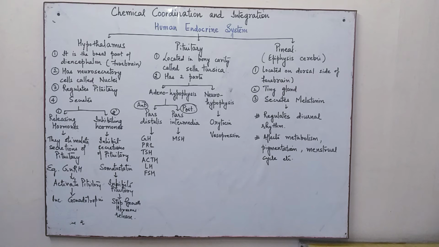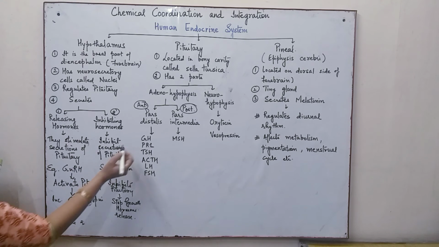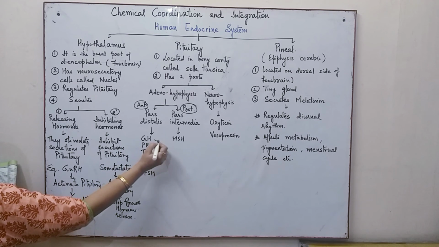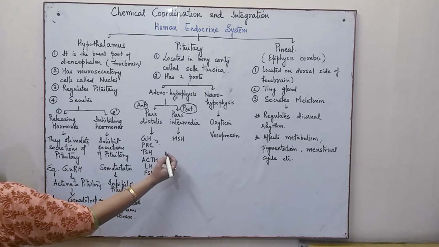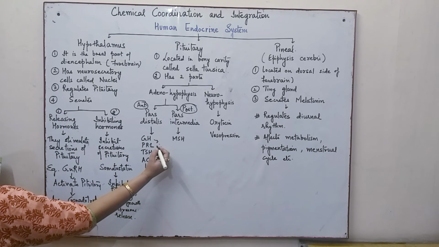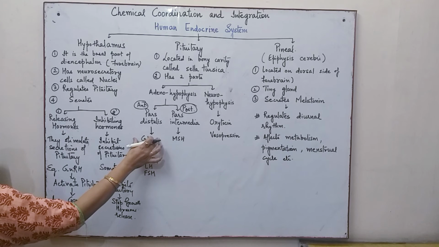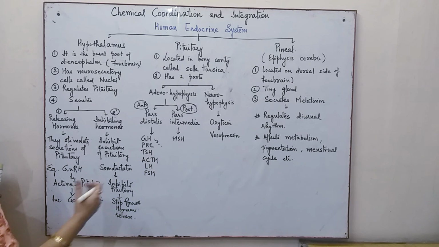When we study the function of each of these hormones, the growth hormone actually regulates the growth of the organism. The growth hormone, GH, is also known as somatotropic hormone, and this hormone mainly regulates the growth activity.